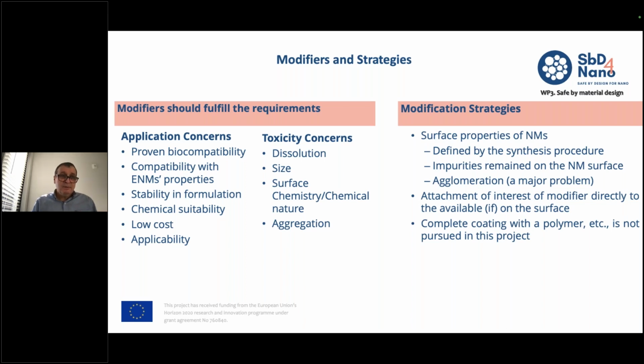Once you try to change the surface chemistry, you need to consider a lot of parameters together. Which surface chemistry you're going to use, which molecules, what polymers you will be using. Are they biocompatible? Once you make the surface modification, are they stable in the formulation? Is it chemically suitable for your application?